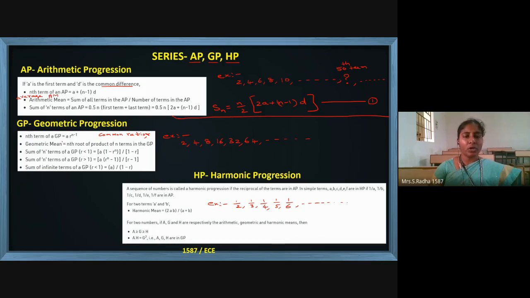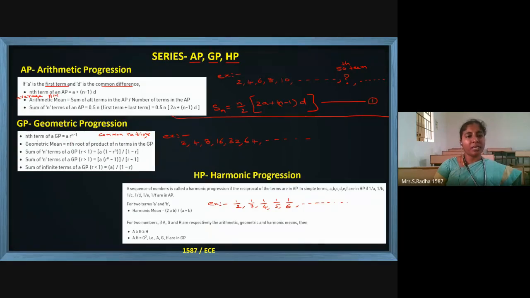Now I am going to geometric progression. First term is again denoted by the symbol A. In GP also, first term is denoted by symbol A. A into r power n minus 1 is the nth term. So you can find the 20th term in geometric progression, the 40th term, whichever you want.